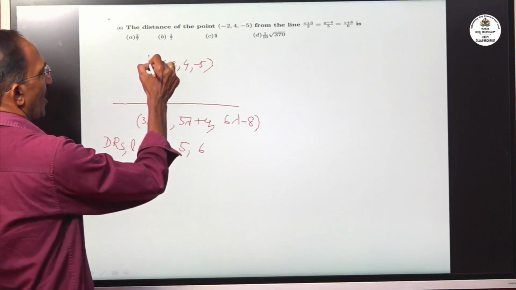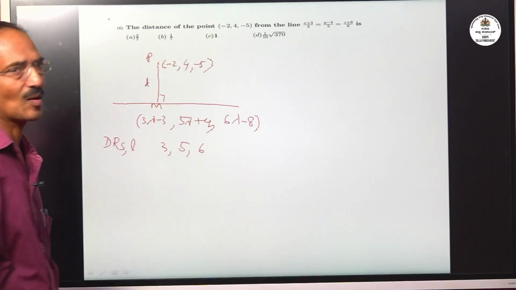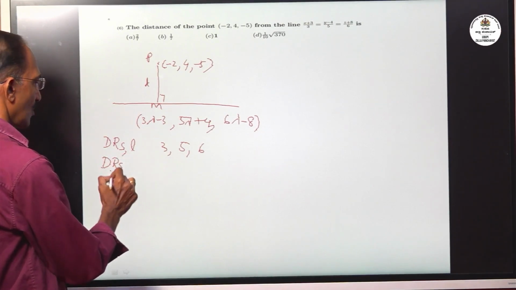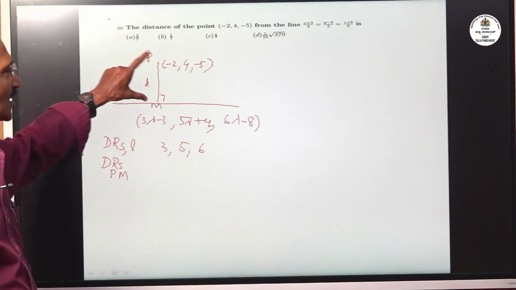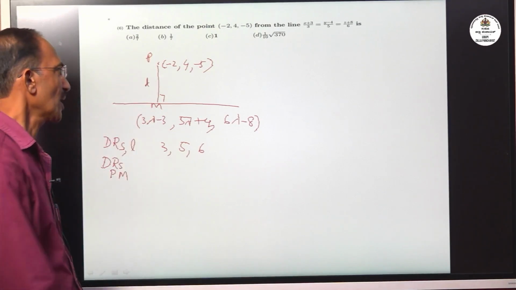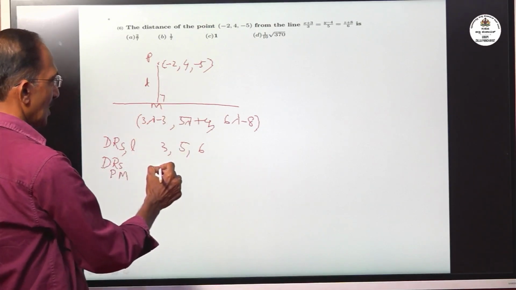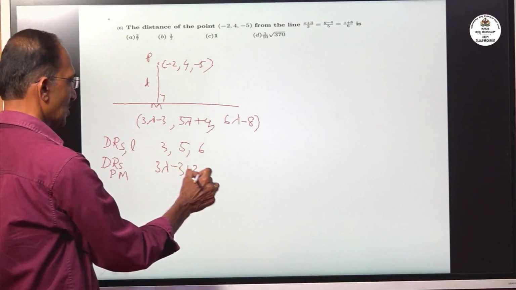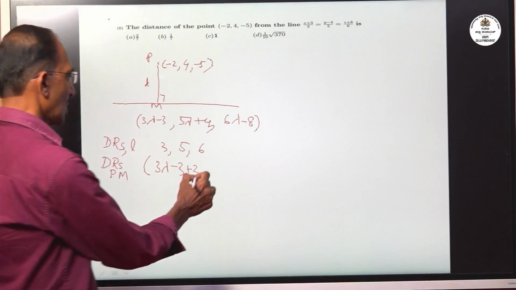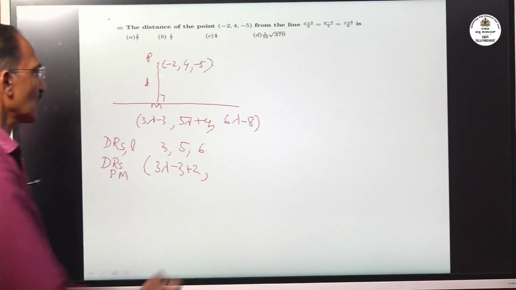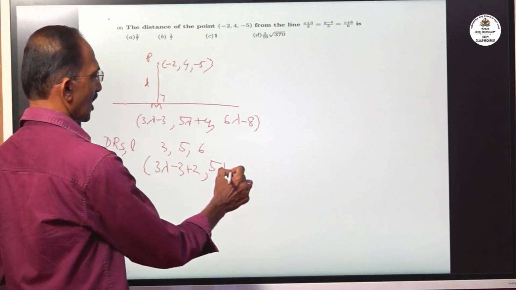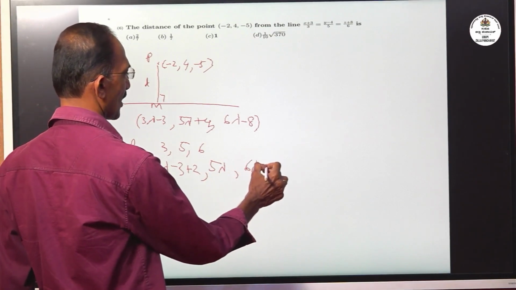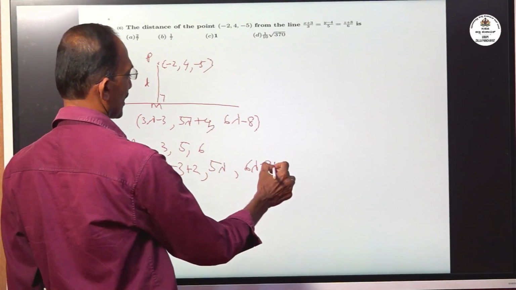I consider a point P and call the foot M. So the DRs of PM are the difference of M and P: 3 lambda minus 3 minus of minus 2, that is plus 2; next, 5 lambda plus 4 minus 4, that is 5 lambda itself; and 6 lambda minus 8 minus of minus 5, that is plus 5.